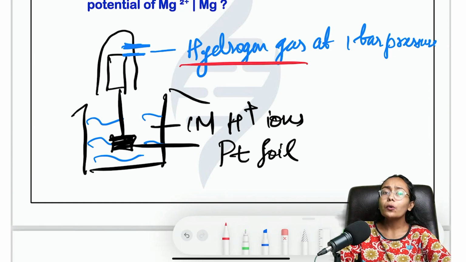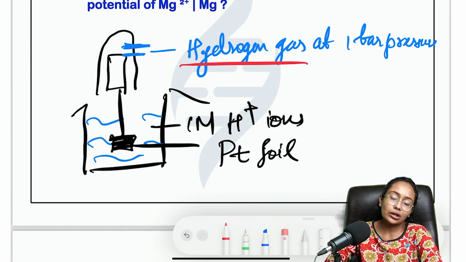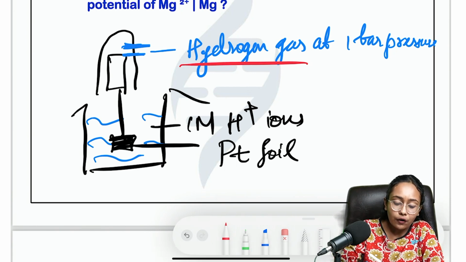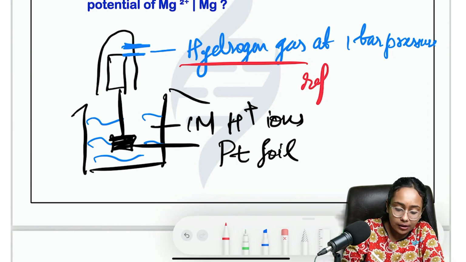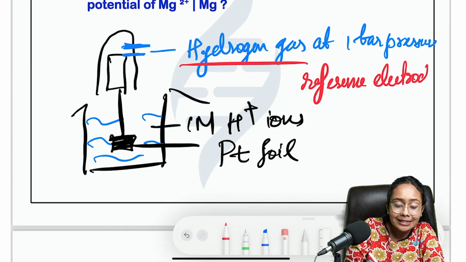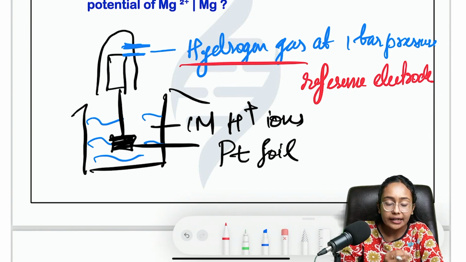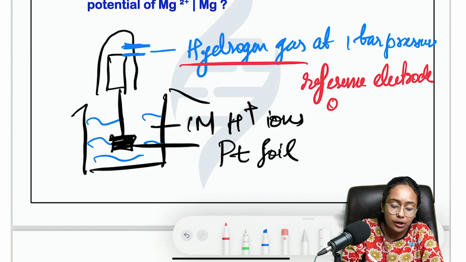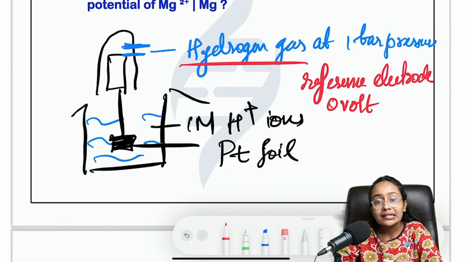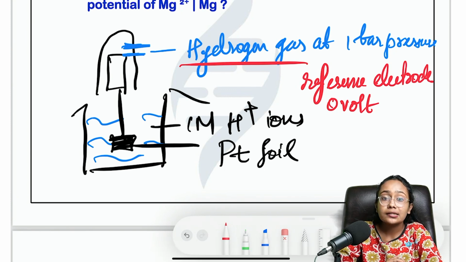Now tell me, what are the specialities of the standard hydrogen electrode? It is of course a reference electrode. Why is it said to be a reference electrode? Because the standard potential, or the arbitrary potential, of the standard hydrogen electrode is said to be 0 volt. It is assigned a potential of 0 volt.